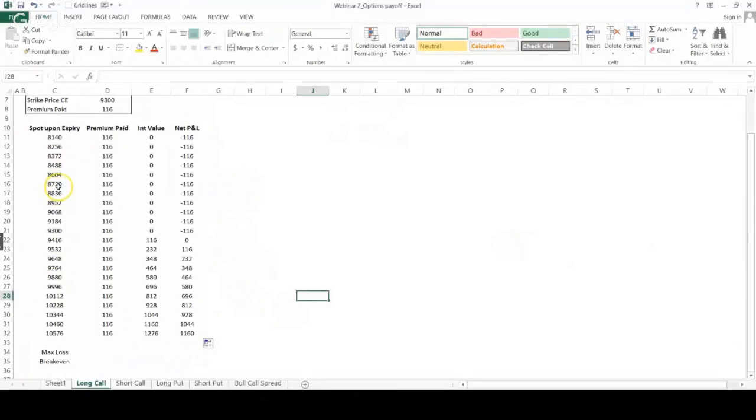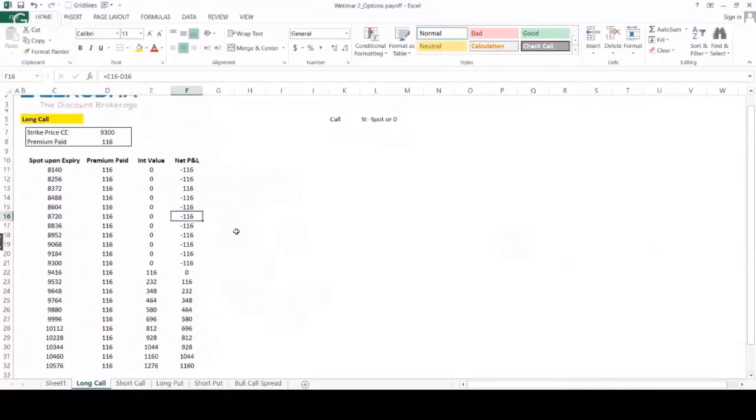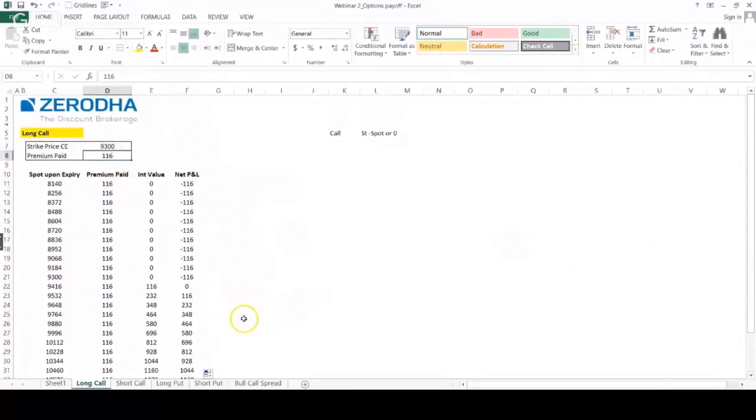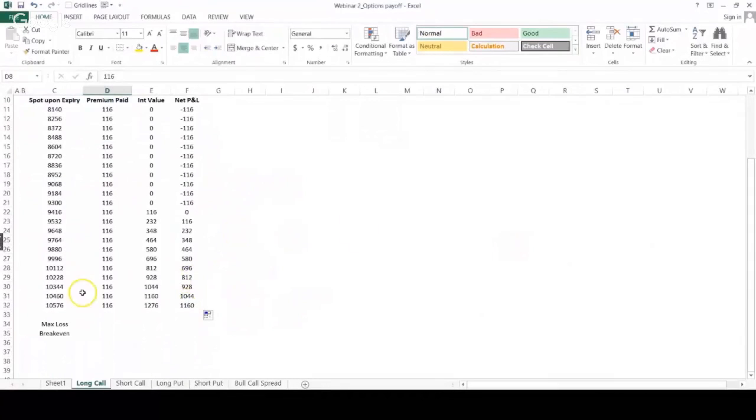For example, let's say on 26th of May, expiry is at 8,720. In this case, my P&L would be minus 116. I would be making a loss of 116, which is equivalent to the premium paid. On the other hand, if Nifty goes to 9,500, I would be making a profit of 116.